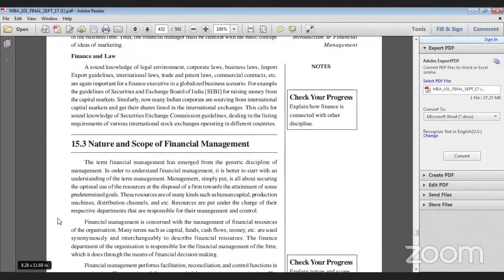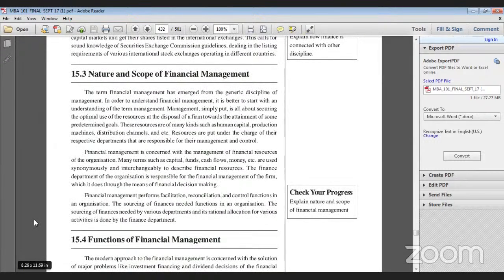Nature and scope of financial management. The term financial management has emerged from the generic discipline of management. In order to understand financial management, it is better to start with an understanding of the term management. Management is simply about securing the optimum use of the resources at the disposal towards a predetermined goal.